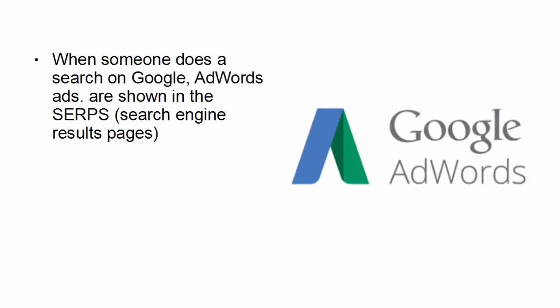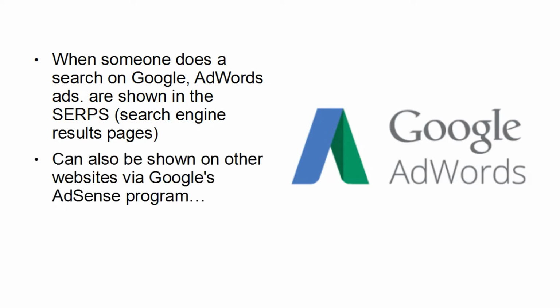Now, when someone does a search on Google, AdWords ads are shown in the SERPs, that's the search engine results pages, and they're generally shown down the right-hand column and sometimes across the top of the results. You can see they usually say ads or sponsored results.